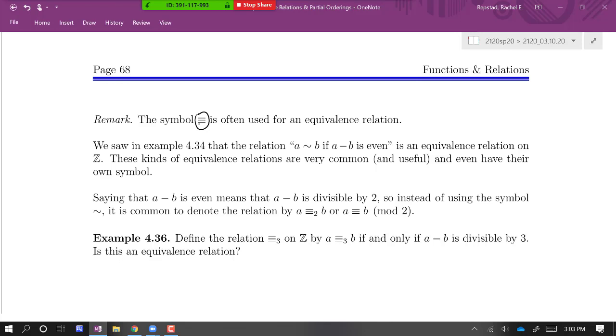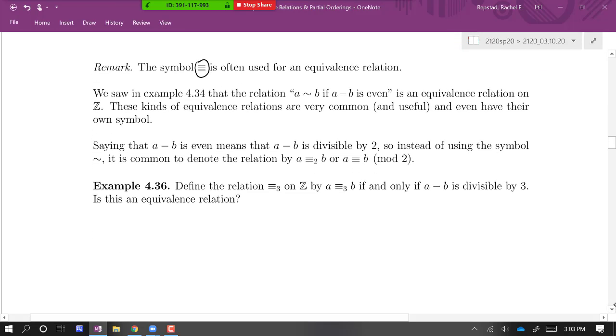Saying that A minus B is divisible by 2 means that if they're related, they're equivalent mod 2. You might have used the mod function in some of your coding courses, but it's pretty big in number theory. We're going to see more of it in chapters 5 and 6.